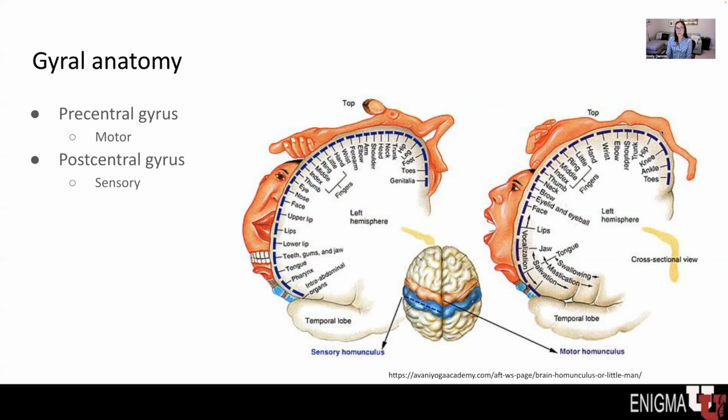And similar over here in the motor homunculus, again, different parts of the motor cortex dedicated to different regions. Again, this huge amount here is dedicated to the face because of all the things that we do with our face: speaking, eating, communicating with each other. So it takes up a lot of space.